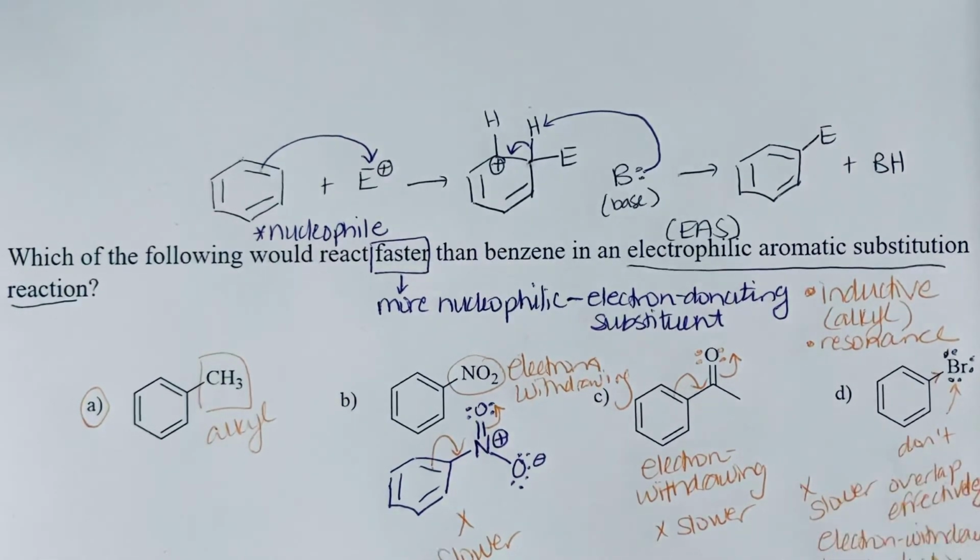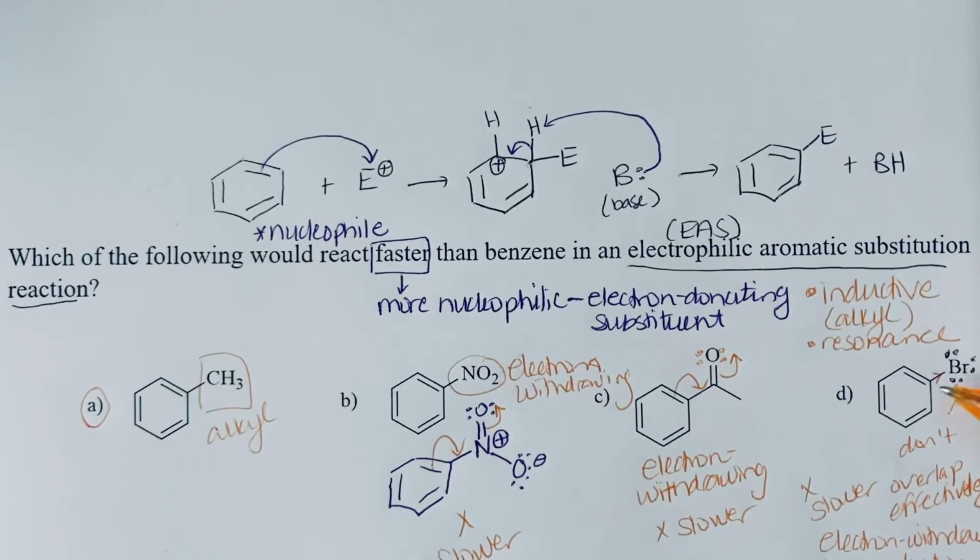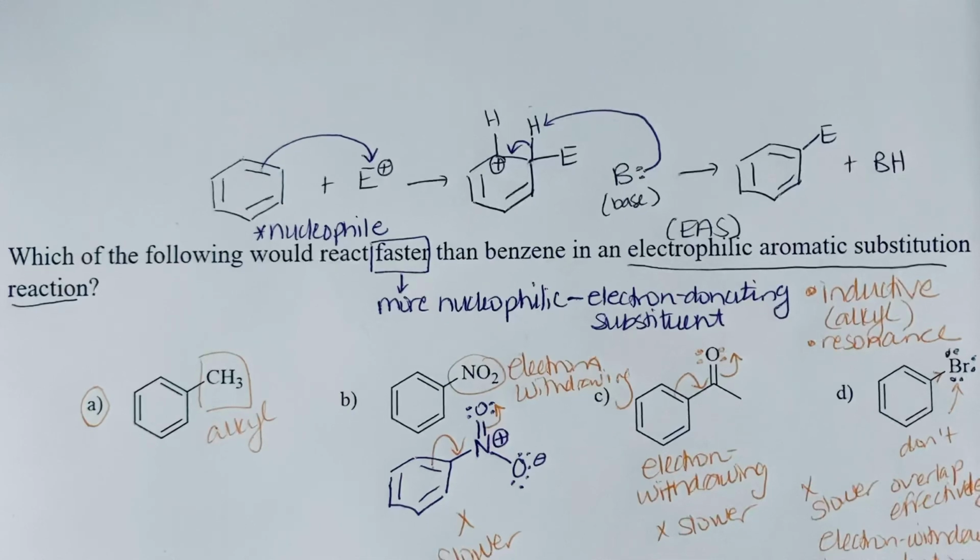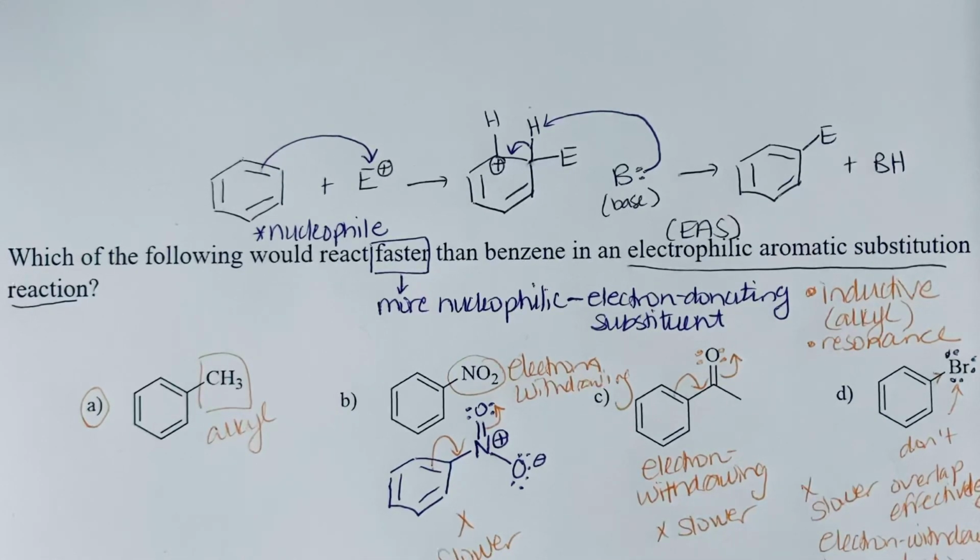And that'll be true for all of your halogens. So fluorine, you might think, well, it's also in the same row as carbon, so maybe you could have effective overlap, but it's so electron withdrawing. It's your most electronegative atom on the table that even fluorine is electron withdrawing. So all of your halogens are electron withdrawing through induction and will react slower than just benzene in an EAS reaction.